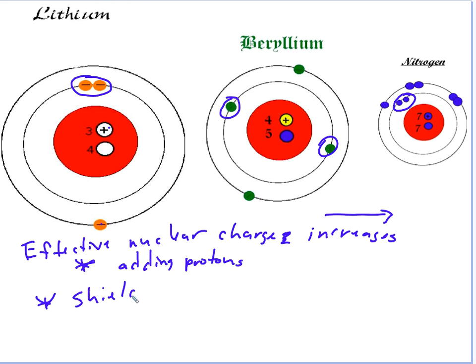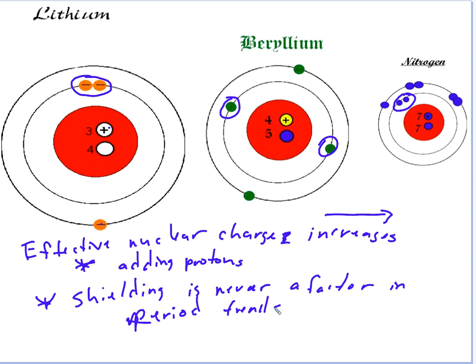Shielding is never a factor in period trends. And the reason is, in period trends, the shielding is always exactly the same. You can count the electrons. The shielding is constant going across, so it's never a factor. All right.